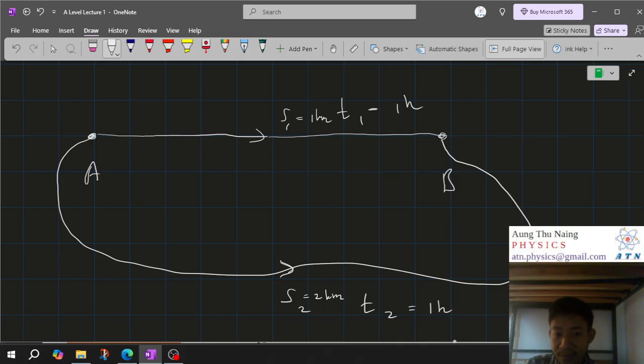We can say simply the second object is faster because it can move a longer distance in equal intervals of time. How can we say like this? We can measure the speed to say which object is faster.